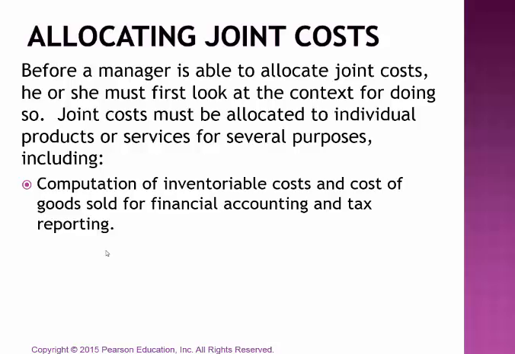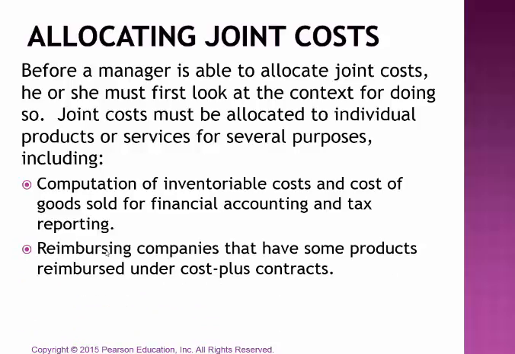I want you guys to keep in mind, do not forget that absorption costing is required for financial accounting and tax reporting purposes. Okay, so under absorption costing, that necessitates us allocating our joint manufacturing or processing costs to those products so that we can do absorption costing.